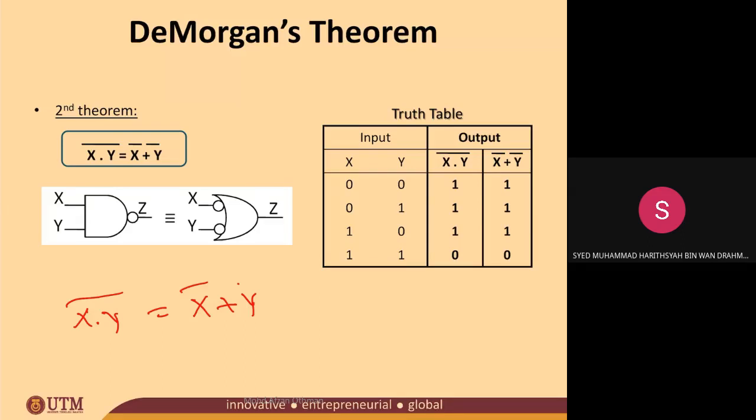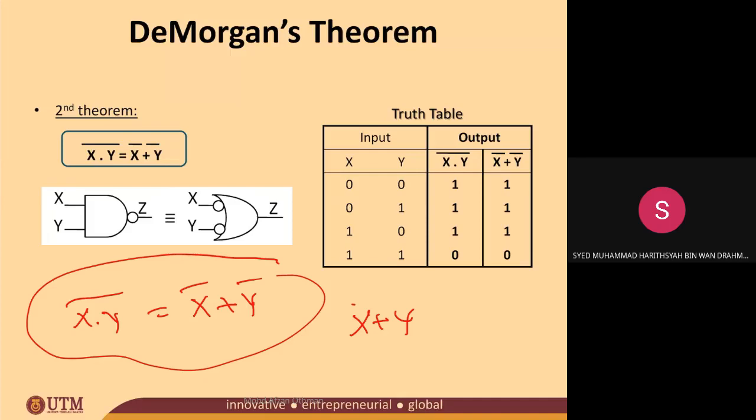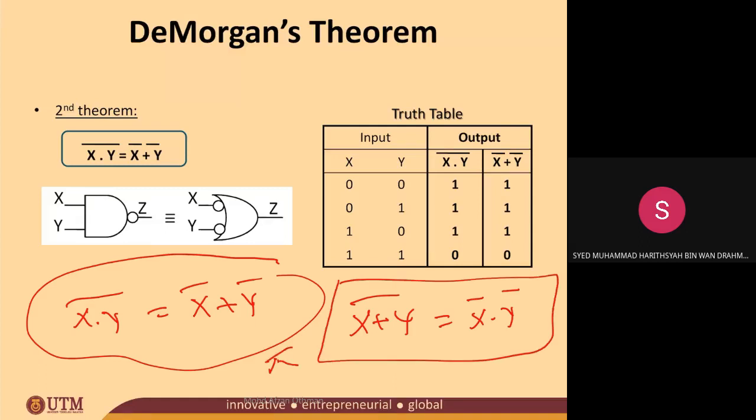So here, for De Morgan theorem, you have two. The first one is X plus Y bar equivalent to X bar times Y bar, and another one is here. So you need to memorize this simplification using the De Morgan theorem.